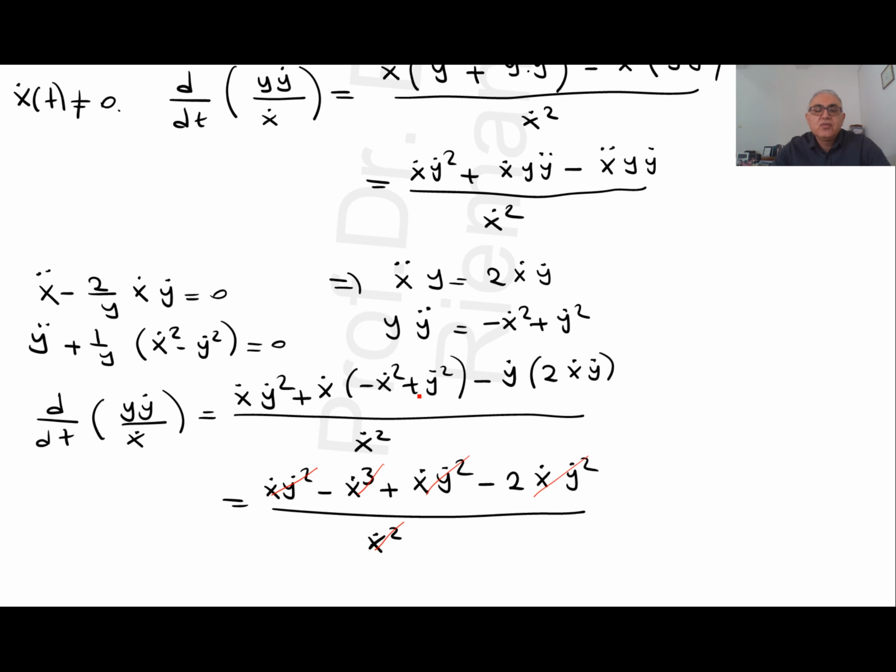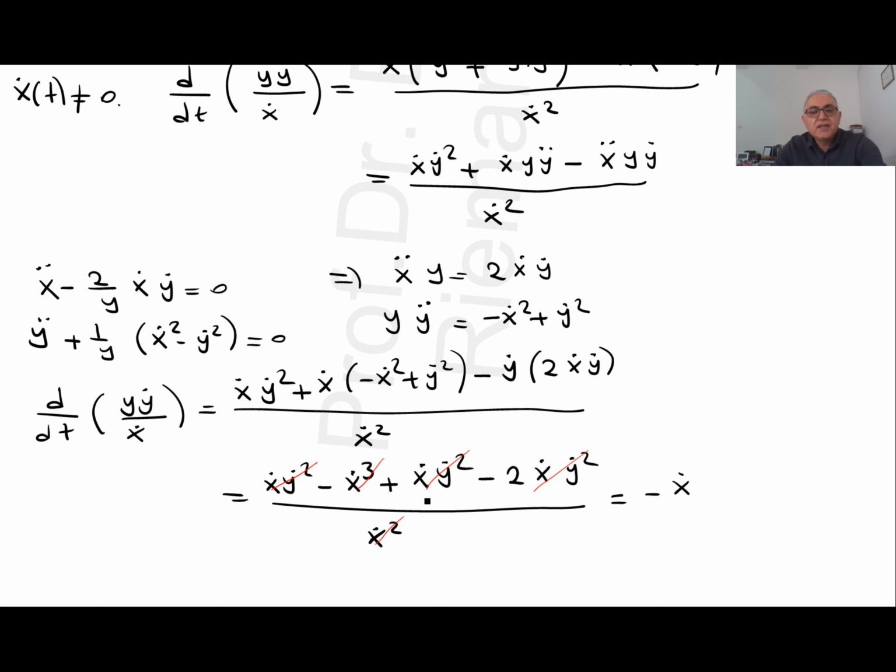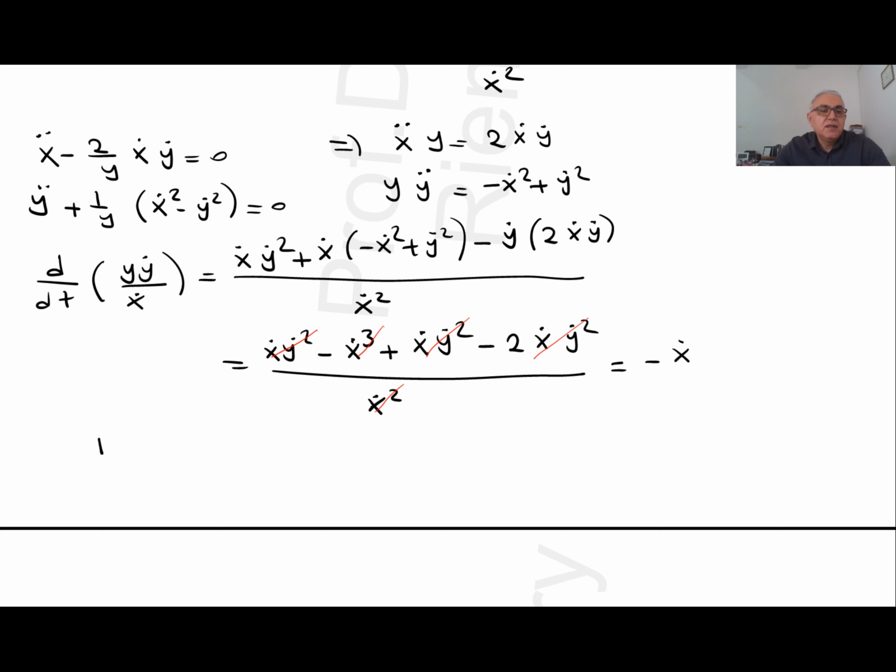If you cancel this one, you have negative x dot. So we find d over dt of y dot over x dot equals negative x dot.